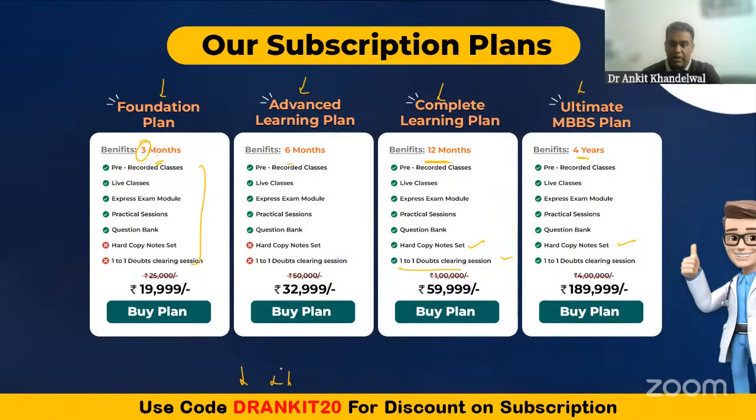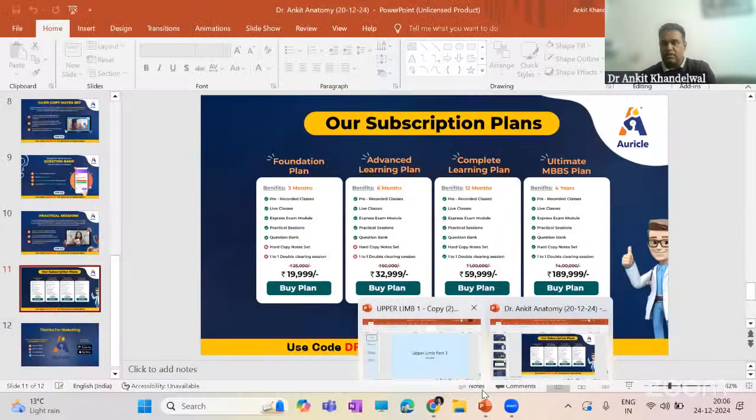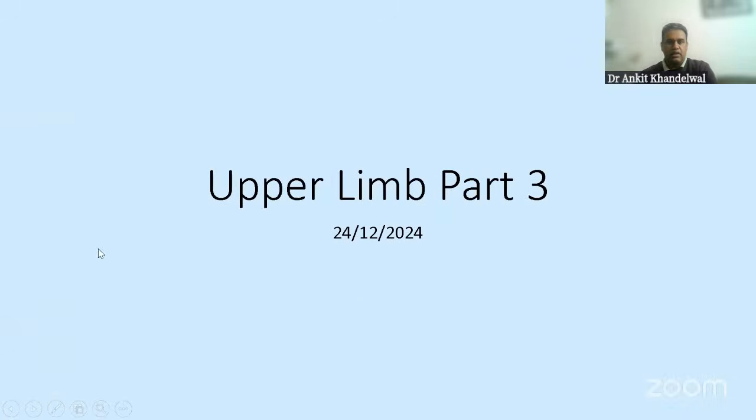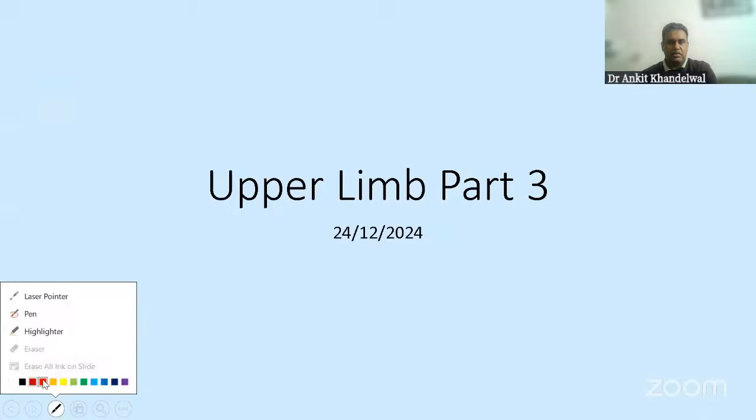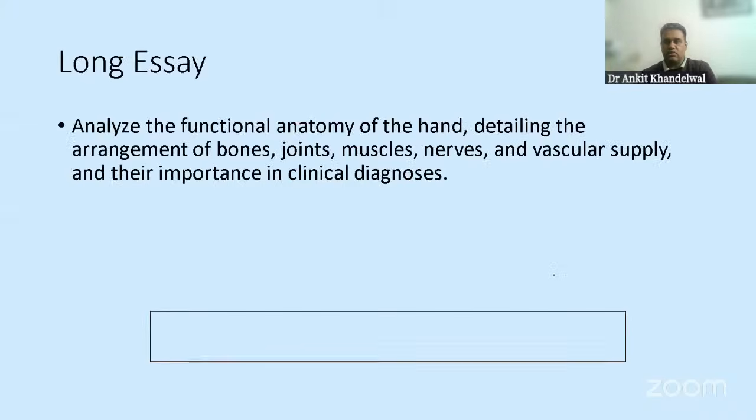Okay, let's come to the topic. This is our third session on the upper limb, and we have discussed quite a number of topics over a couple of days. What we are going to touch today is based on a few of these questions.